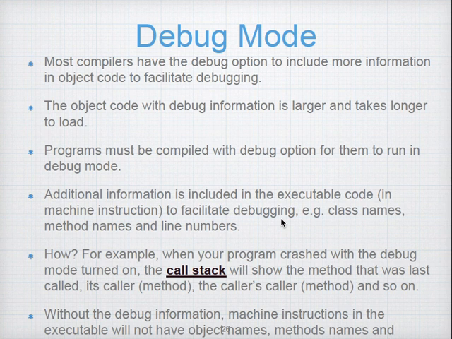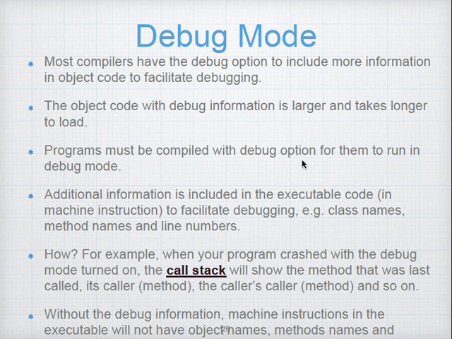Those are high-level language information. It does not exist by default when you're executing it. So if you want to have that information, then you need to turn on the debug option. Sometimes some compilers, if intended for beginning programmers, may default to include some debug mode.